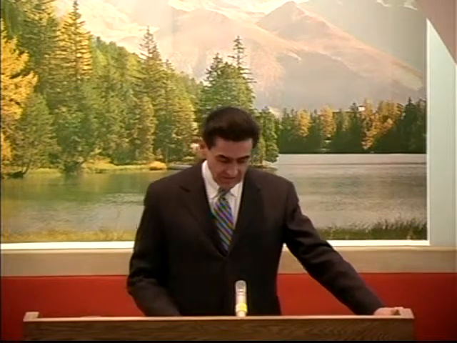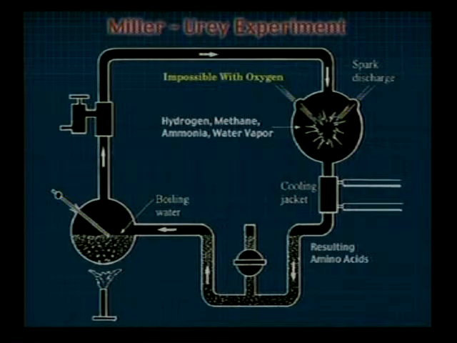Well, what's going on here? In the first place, the result is amino acids, which are basically the building blocks, by no means life. One of the major objections is that this is impossible with oxygen, which they readily acknowledge, and so they assume that there was no oxygen in the early environment. To a geologist, you just have to smirk.